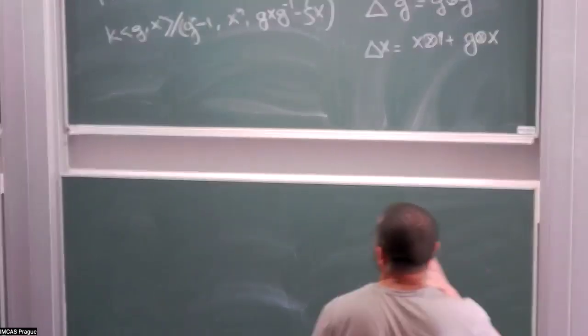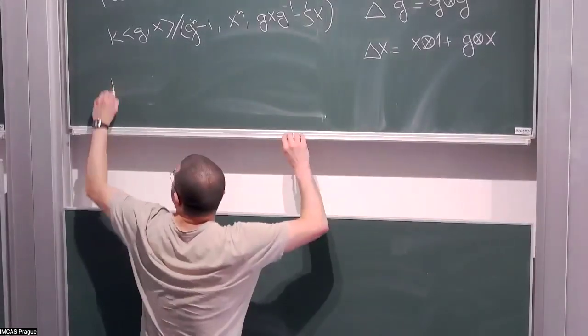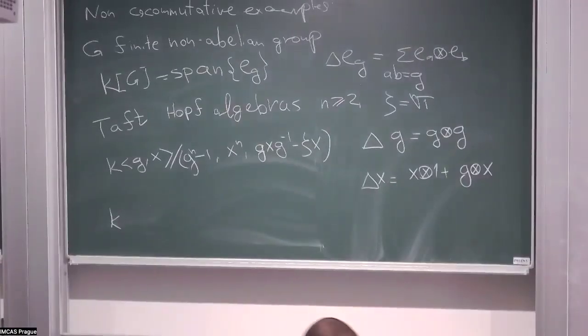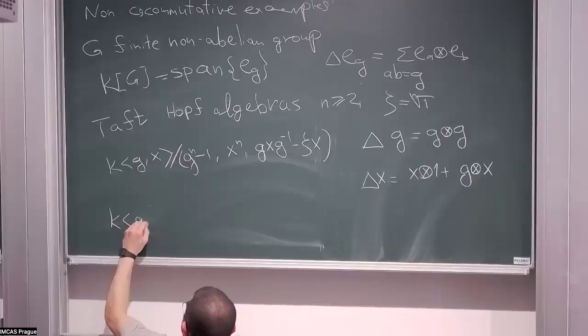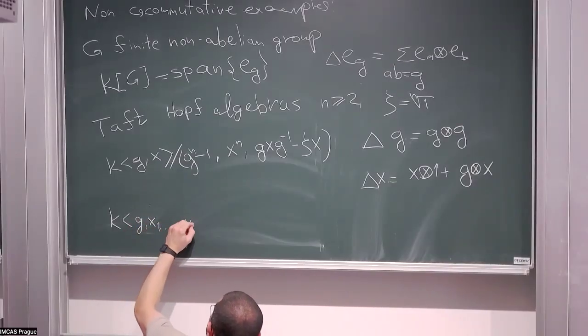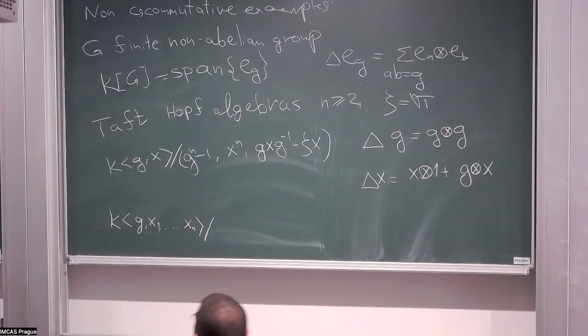A few more examples of this nature that I want to give you. So we have this KG, x1 up to xn, again generated by a group-like element and a bunch of elements.